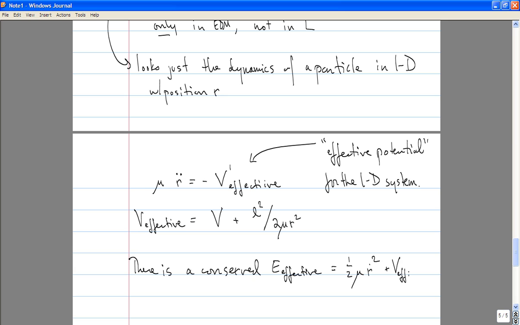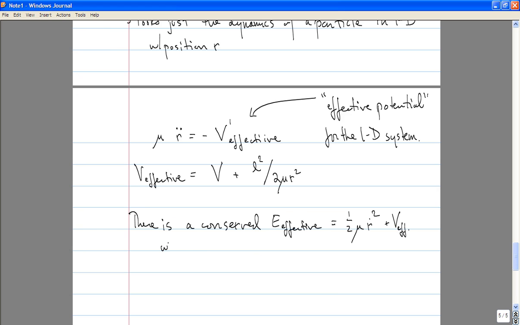And this energy is a constant of motion. And then we could proceed to solve the equations of motion by writing down an integral.